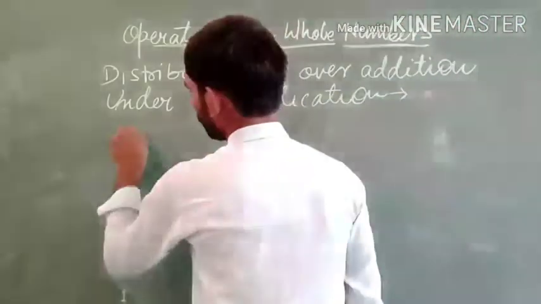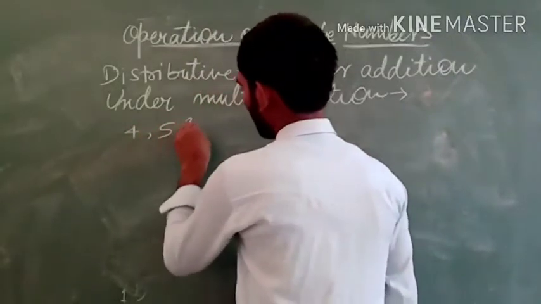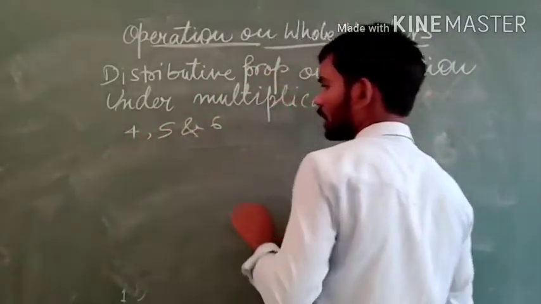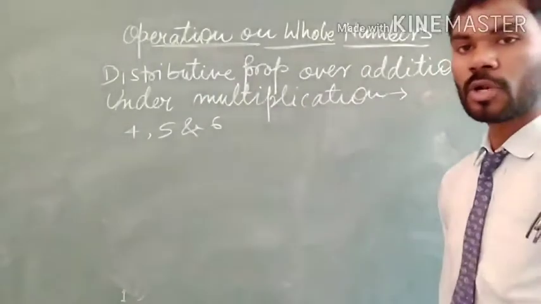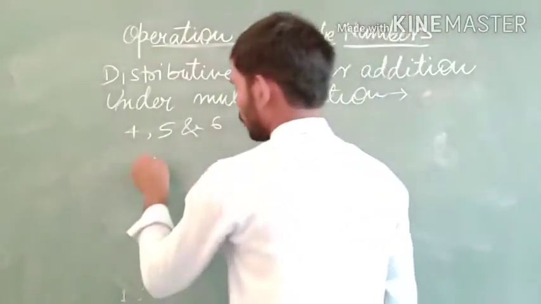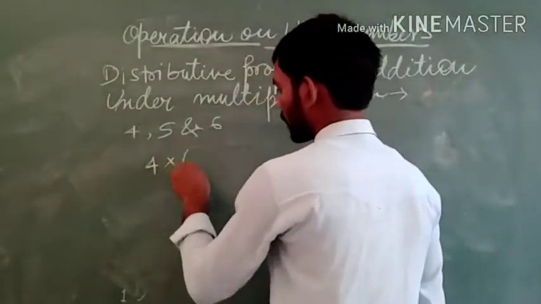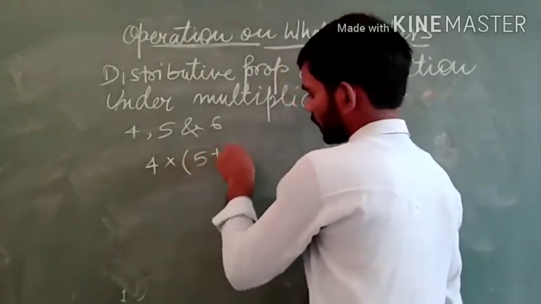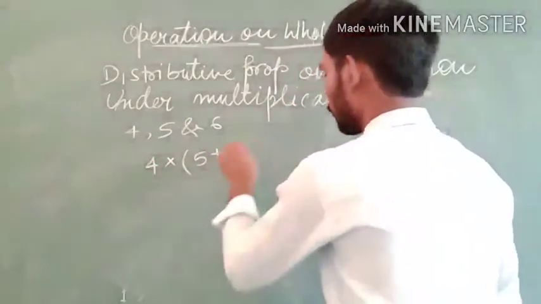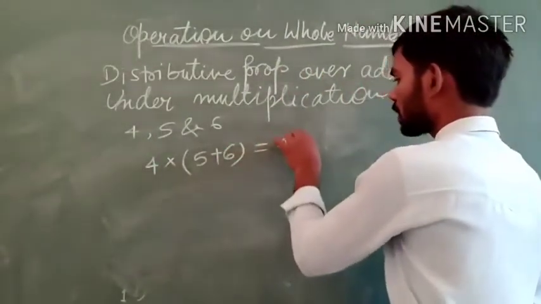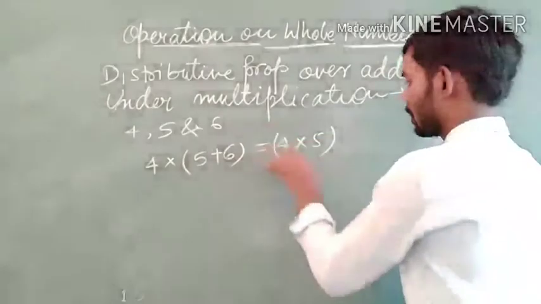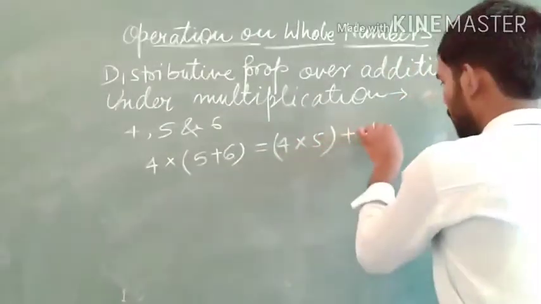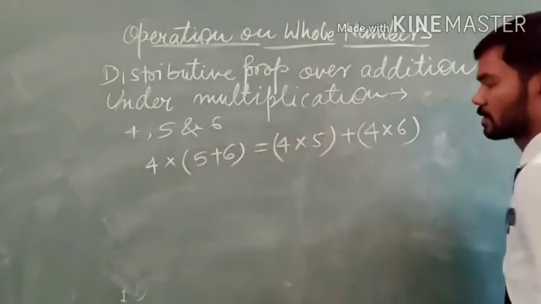If 4, 5 and 6 are any three whole numbers, then 4 multiplied by (5 plus 6) will be equal to 4 multiplied by 5 plus 4 multiplied by 6.